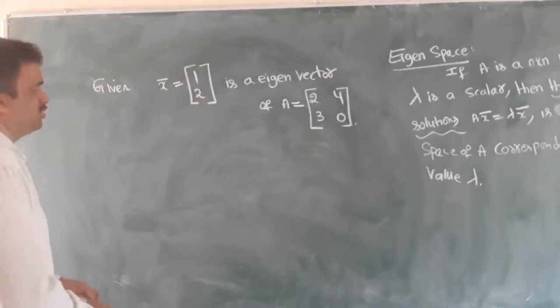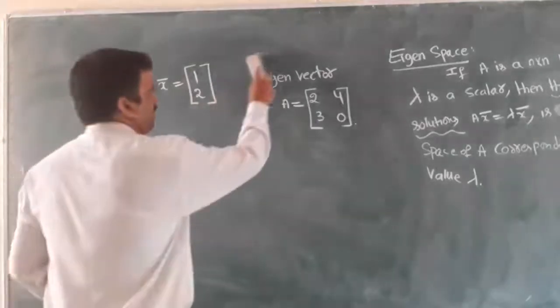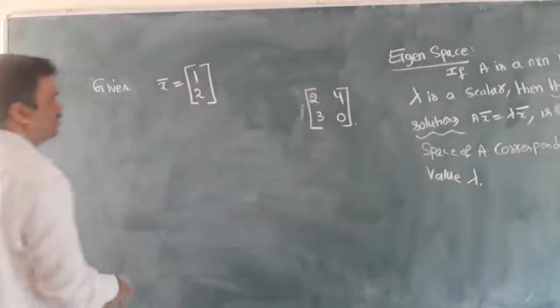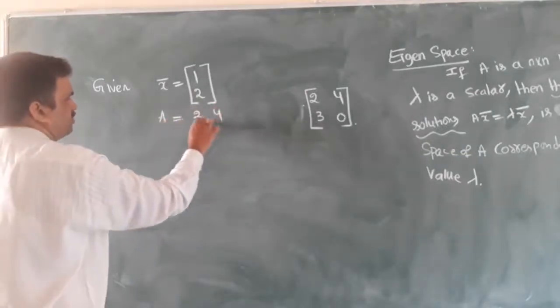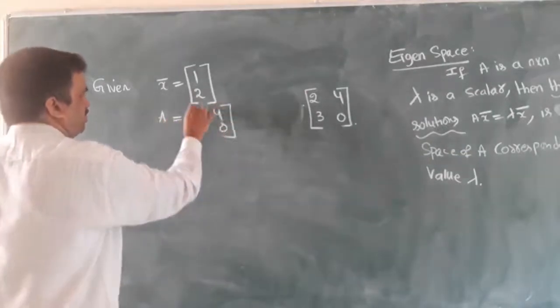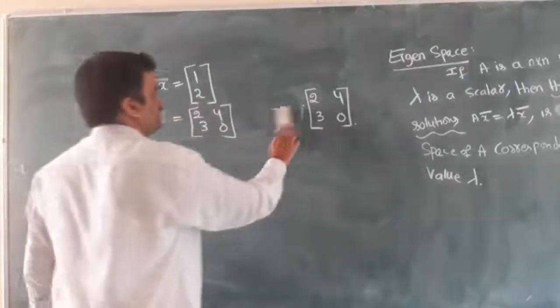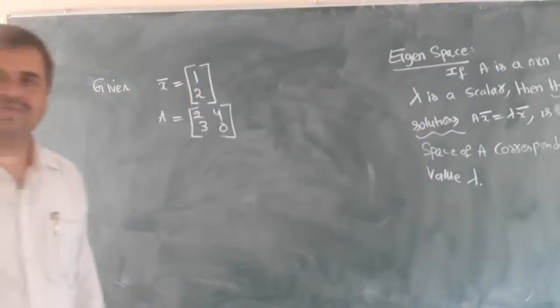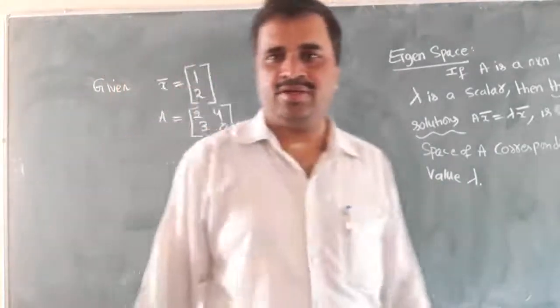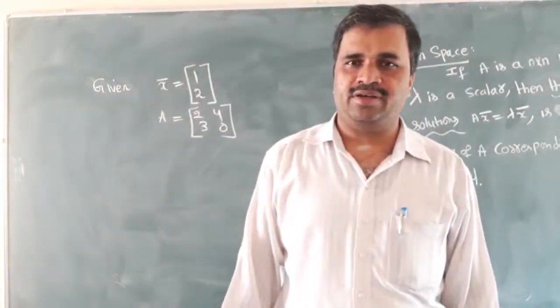Solution. Given x bar is equal to [1; 2] and A equal to [2, 4; 3, 0]. We have to check whether it is an eigenvector or not.